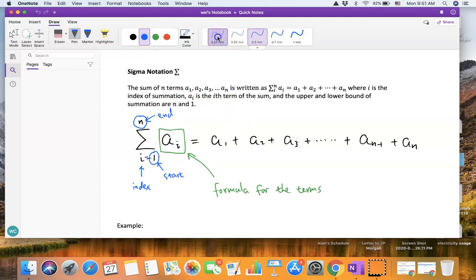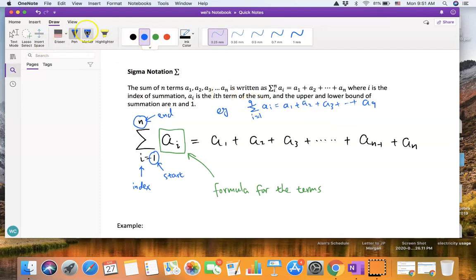Like if we have this sigma notation where i equals 1 to 9 of a sub i, in this sum there are 9 terms. The first term is a1 plus a2 plus a3, and the last term is a9. How do I know it's a9? Because it tells me n equals 9.